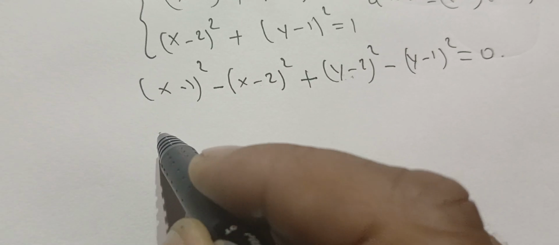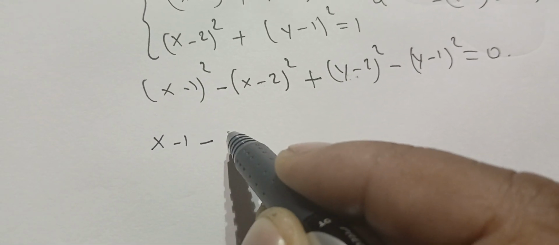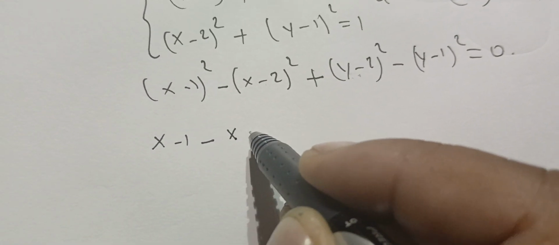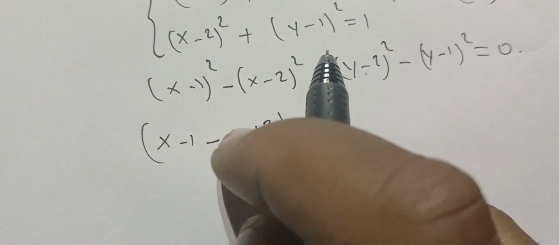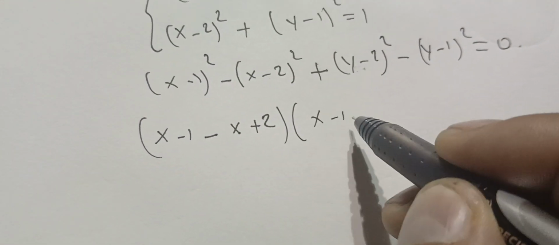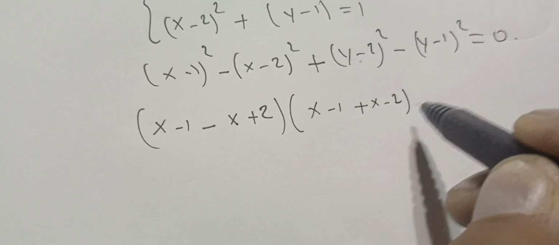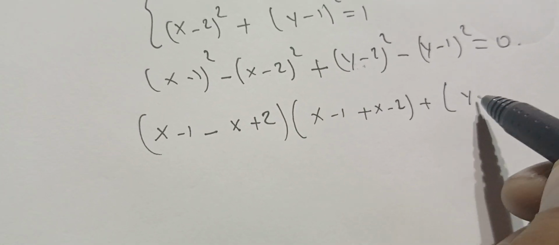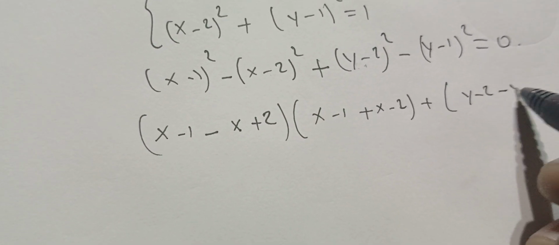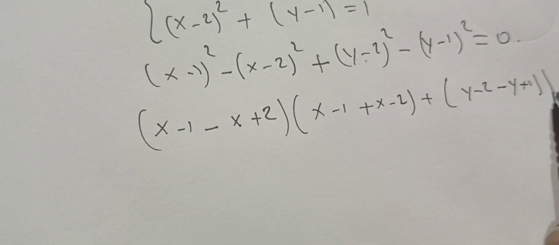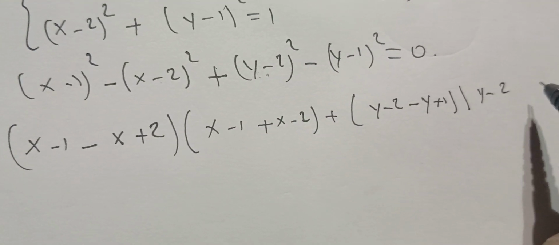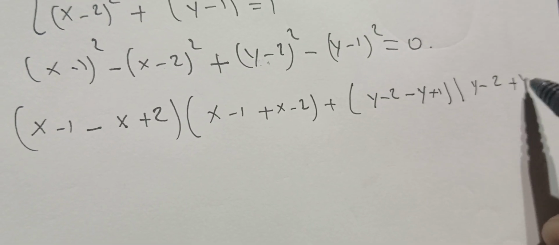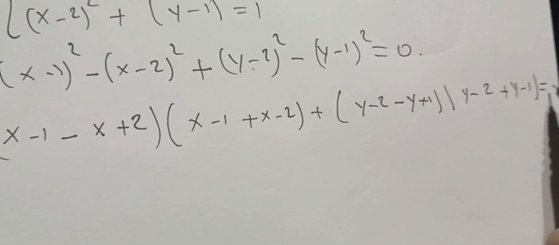So let's do that. We get x minus 1 minus x minus 2 times x minus 1 plus x minus 2, plus y minus 2 minus y minus 1 times y minus 2 plus y minus 1 equals 0.